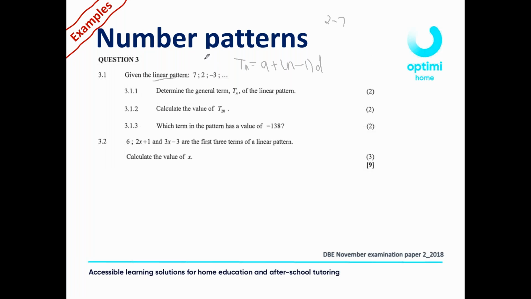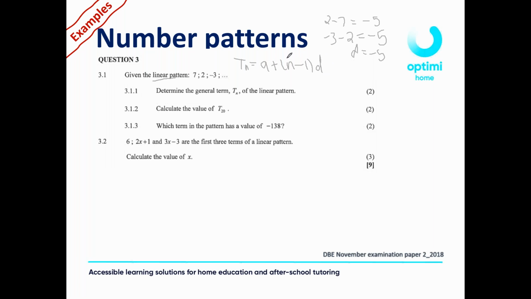Remember, it's the second term minus the first term, not the other way around. And you will get -5. Then you can take the third term, which is -3, subtract the second term, and you will have -5 again. And this just proves that it is a linear pattern, as they said. So D is -5.